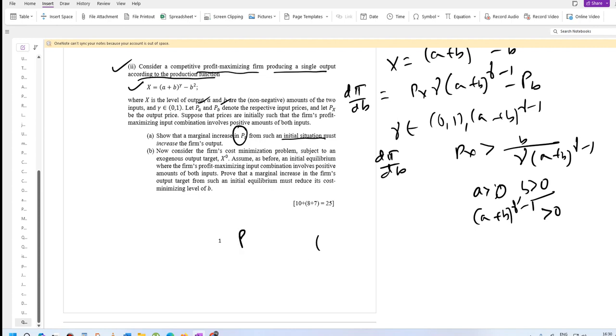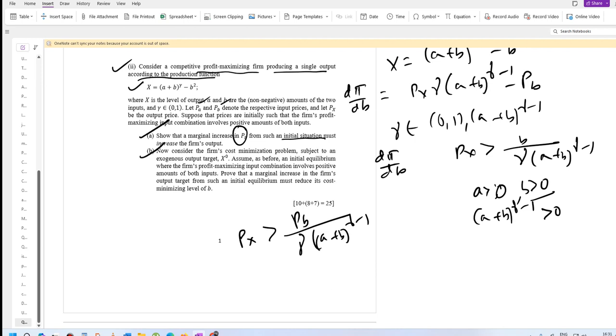So a marginal increase in pb increases the farm's output. Okay, so this is the first part.